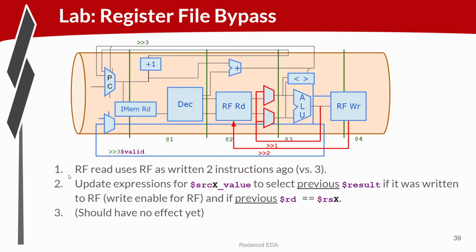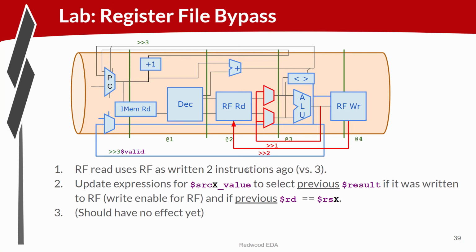The first step is to make this path for the register file read based on the register file as written two instructions ago. So now using this ahead by 2 operator, accessing the register file written 2 instructions ago.